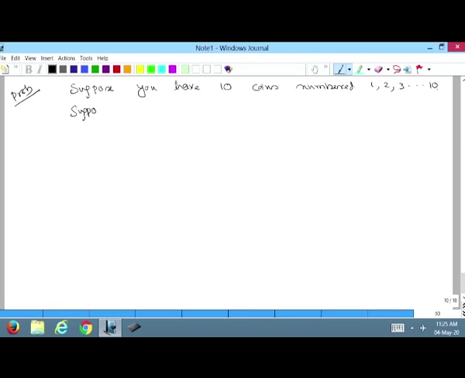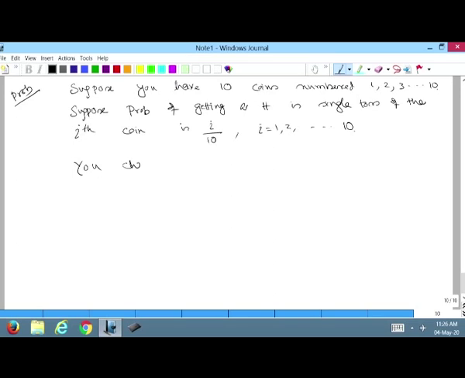Suppose the probability of getting a head in a single toss of the ith coin is i upon 10, i is equal to 1, 2 up to 10. You choose a coin randomly and toss it.